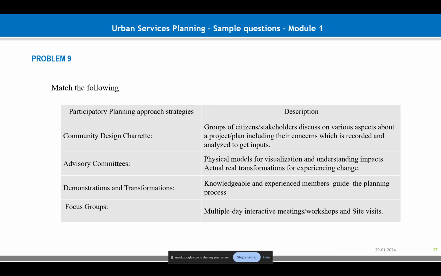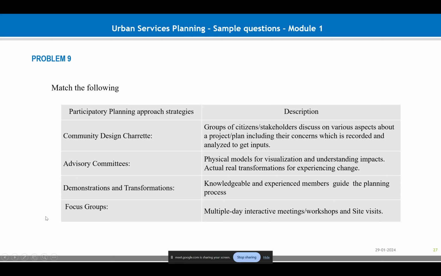Is the waste treatment being done properly? Is the water supply adequate enough? Then you can go into the root problem also. So that's why these multi-day interactive sessions are organized, and once you get this, it's taken up. That's the whole reason why participatory planning was also important.